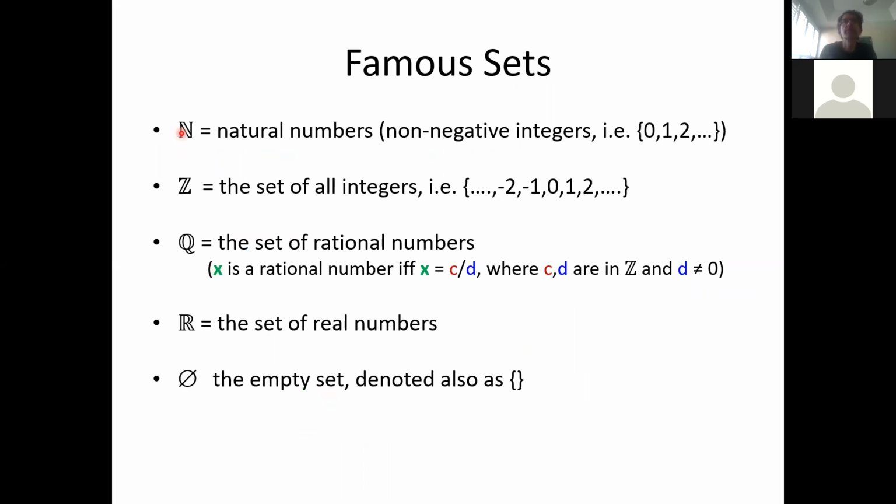Here are some famous sets for which you should learn what these letters stand for. So natural numbers are designated N with a thickened bar. I will always try to remind you of this and not trick you to make you remember. But that said, you should remember that natural numbers are non-negative integers, so they start from 0.